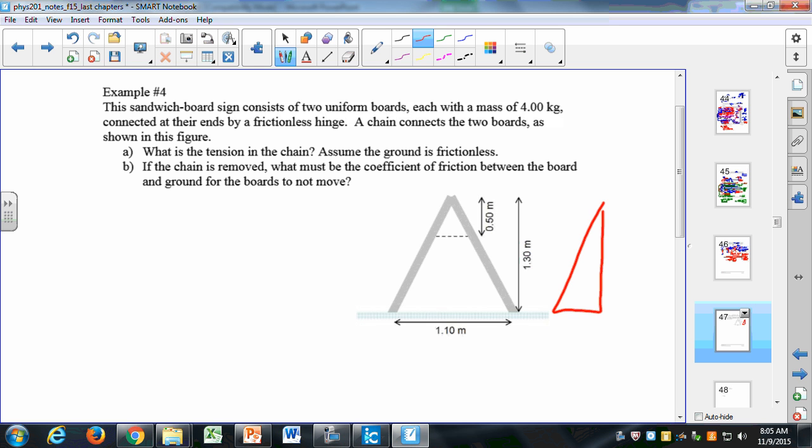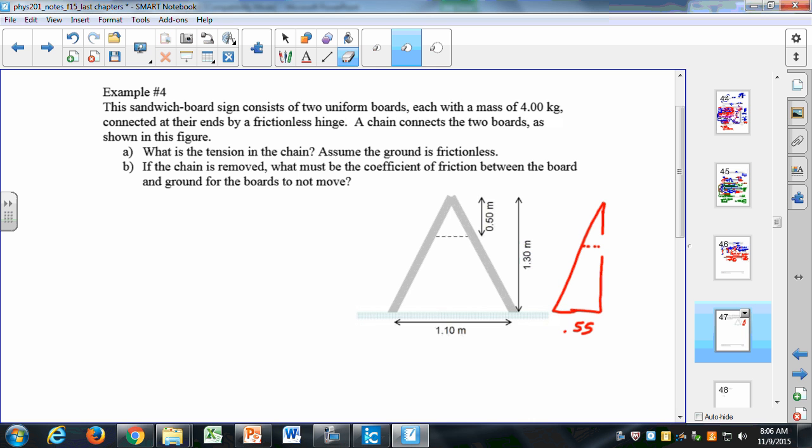This is the triangle that's just half of this sandwich board. It allows me to get some distances. It has a distance down here of 0.55 meters and a distance over here of 1.3 meters. Now, if I think about the chain up here also, this distance is 0.5 meters.